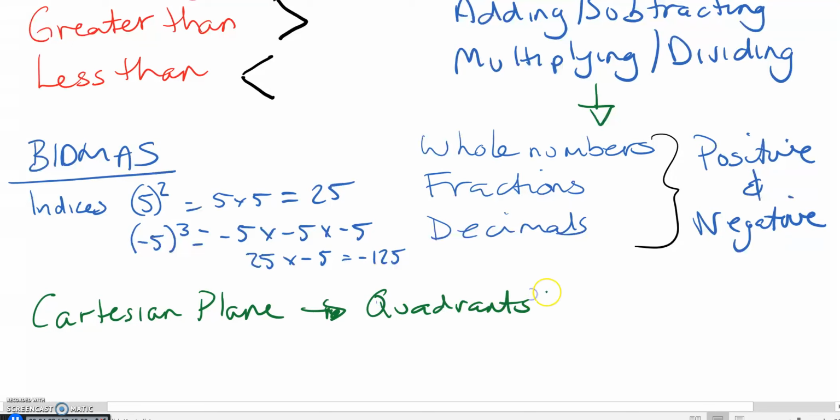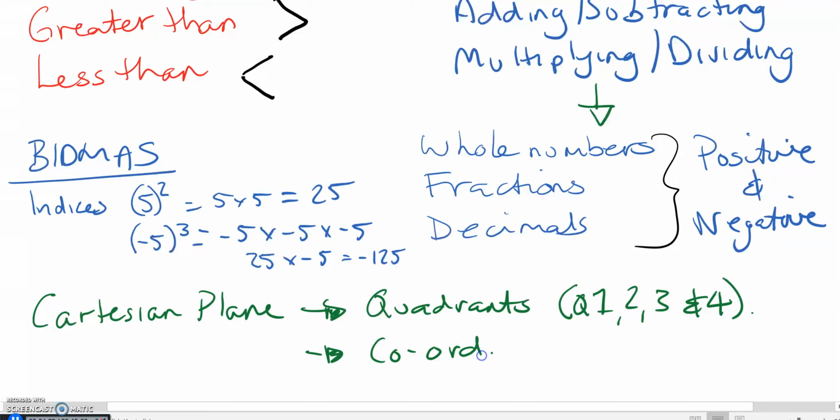Quad meaning 4, so quadrants 1, 2, 3, and 4. And then also looking at coordinates and placing some coordinates on a Cartesian plane there.